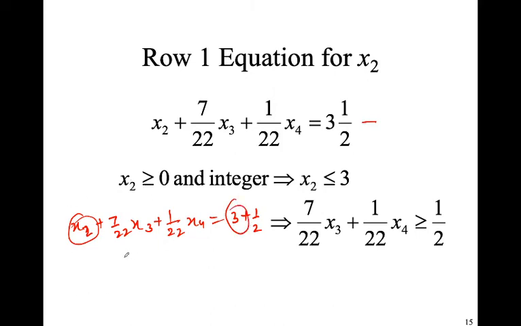So this equation will become 7 divided by 22 x3 plus 1 upon 22 x4, and since we are removing 3 from here, this would become greater than or equal to 1.5. So the same equation is written here, and this equation is known as the Gomory cut plane.